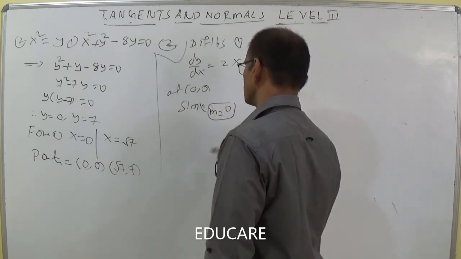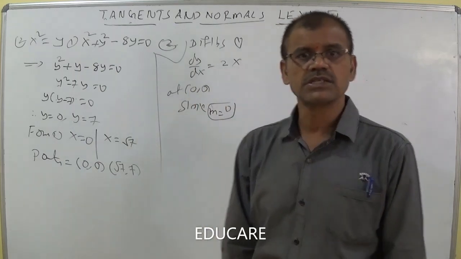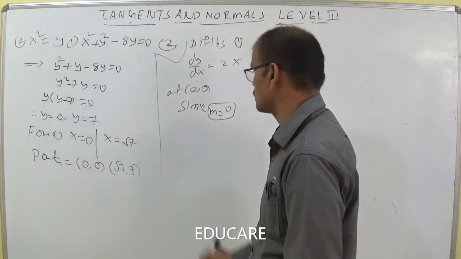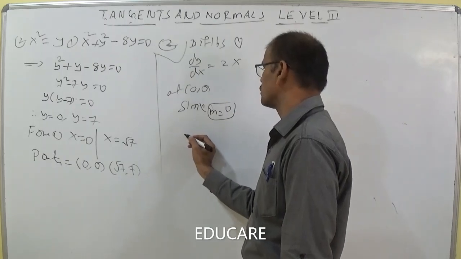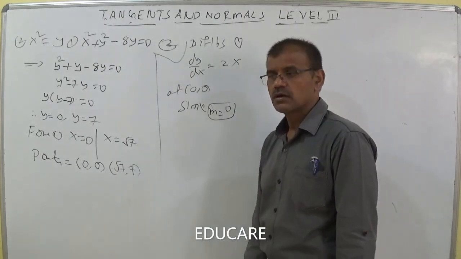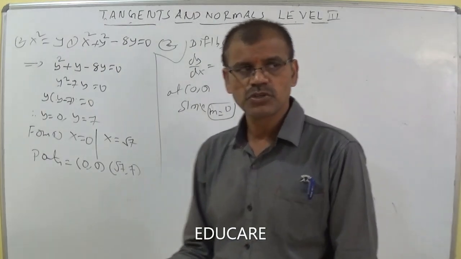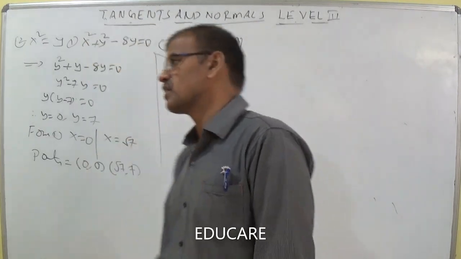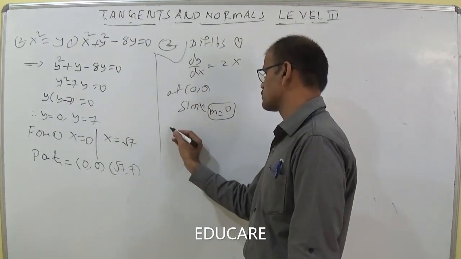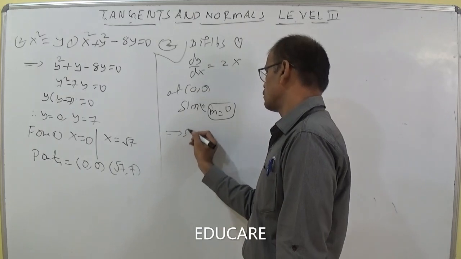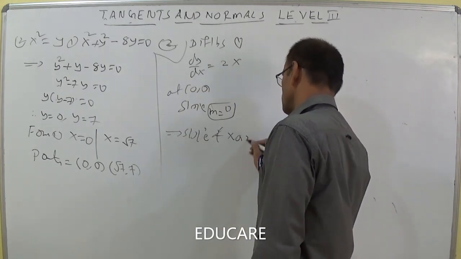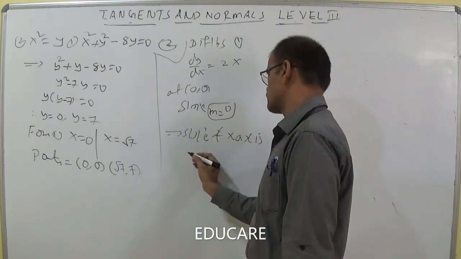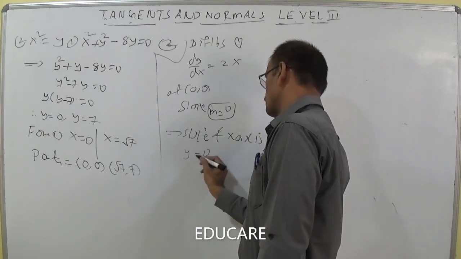Slope m indicates the slope of the tangent. What is slope 0? Slope 0 is the equation of the x axis. Here you write the slope of the x axis, that is y equal to 0.